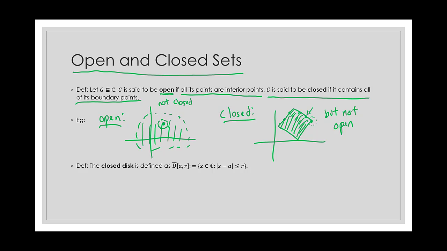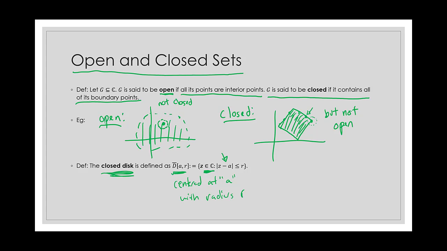With these definitions in mind, we define the closed disk centered at A with radius r as the set of all z in C, all complex numbers whose distance from A is less than or equal to r.